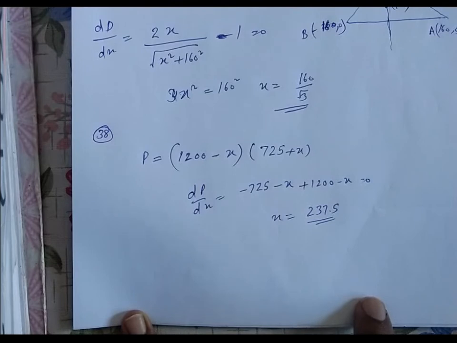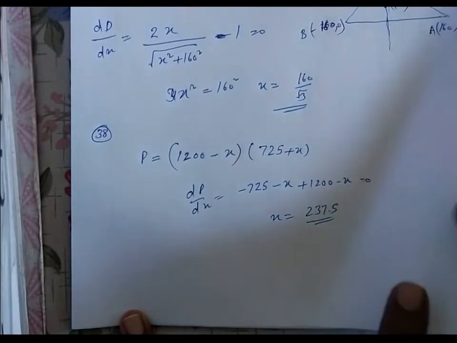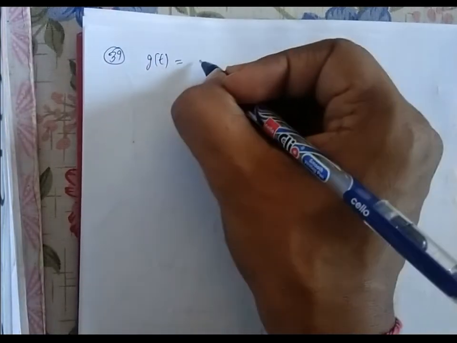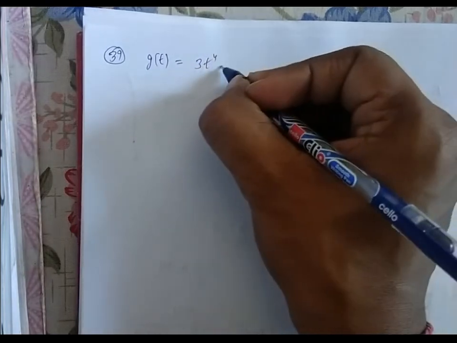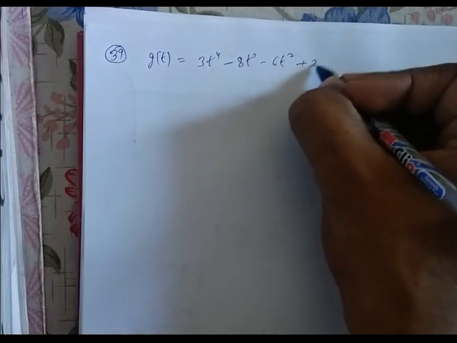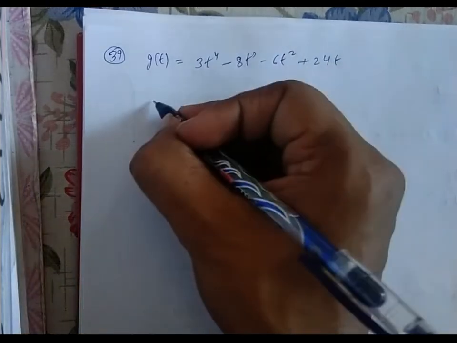Find the greatest and least values of the function fx defined as below. Okay, so first we've given gt. So gt is equal to 3t power 4 minus 8t cube minus 6t square plus 24t.